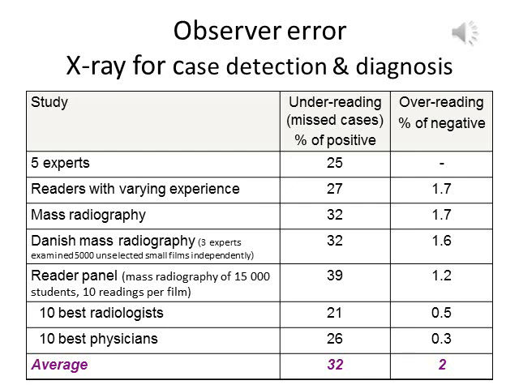For example, a Danish group consisting of 3 experienced readers examined 5,000 unselected small films independently. On average, underreading occurred in 32% of cases and overreading in only 2%. These observations were later confirmed in the United Kingdom.